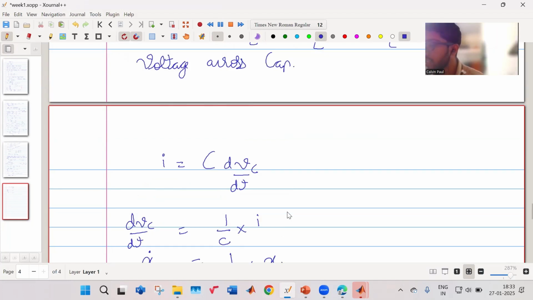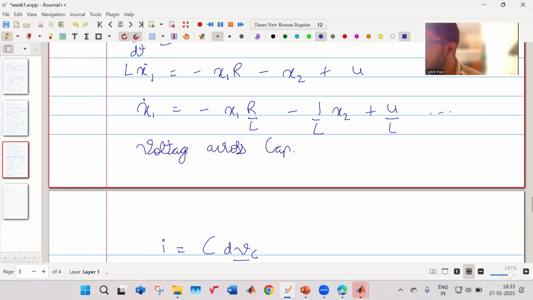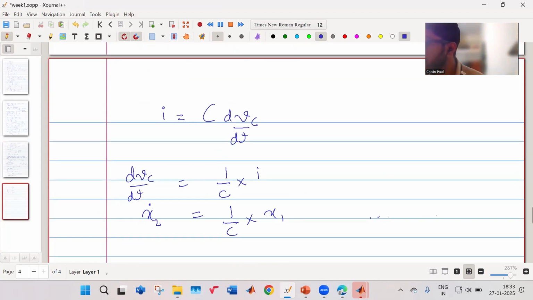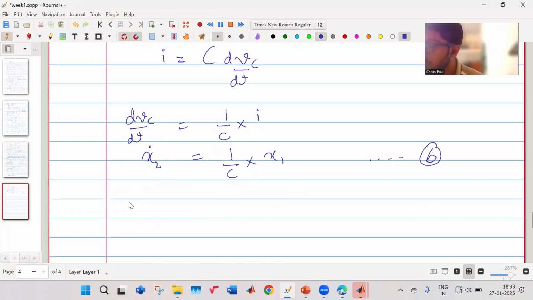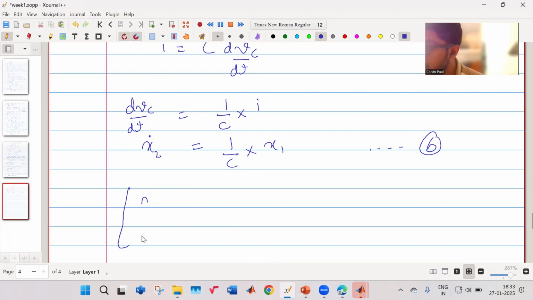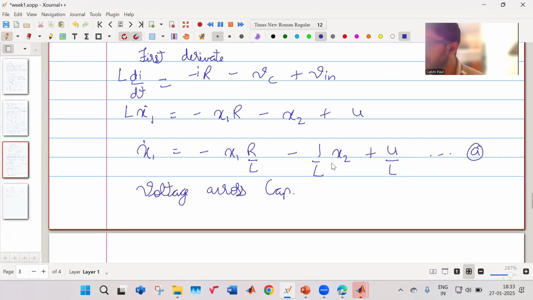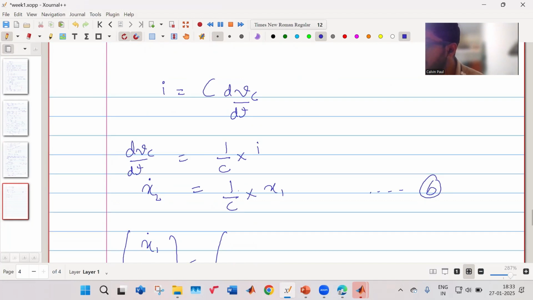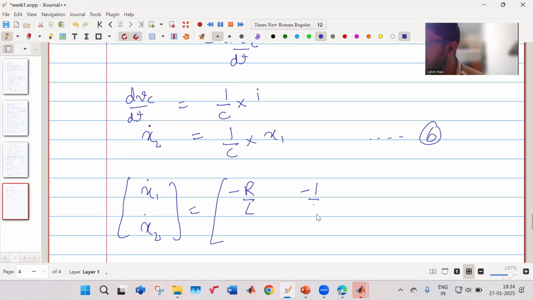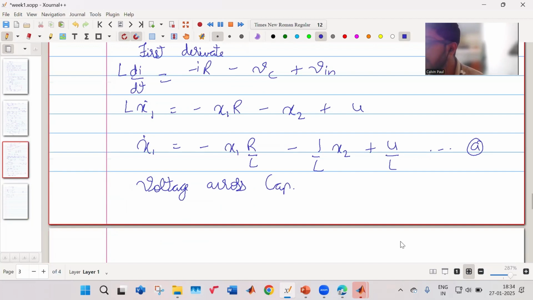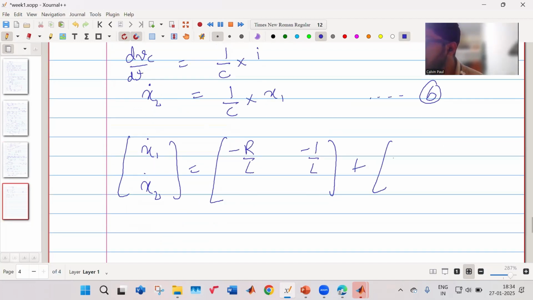So now if you see, this is my equation, let us say A, this is my equation B. So I will write it in my state space representation. x1 dot, x2 dot is equal to, so what is my x1 dot? It is minus x1 into R by L minus 1 by L x2, plus 1 by L into U. What is my x2 dot?